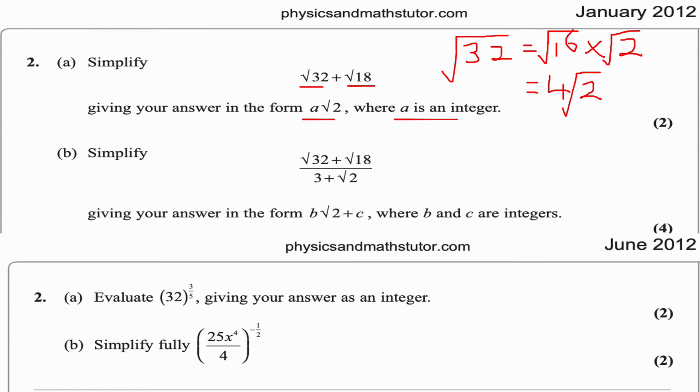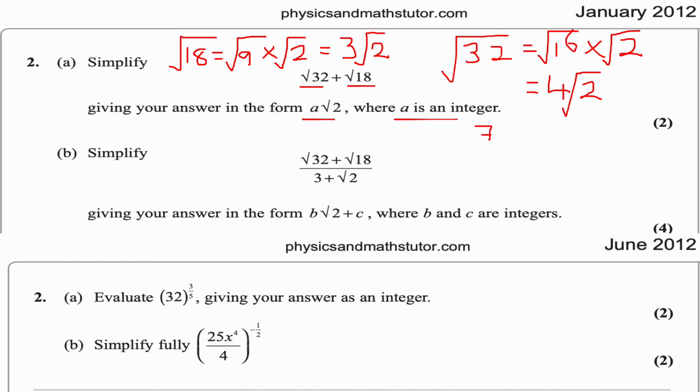Okay, for that one. The square root of 18 is the square root of 9 times the square root of 2. The square root of 9, we should know that's equal to 3. 3 lots of root 2 is going to be 3 root 2, guys. Okay. Combining these together, so now adding them, I have 4 root 2 plus 3 root 2.